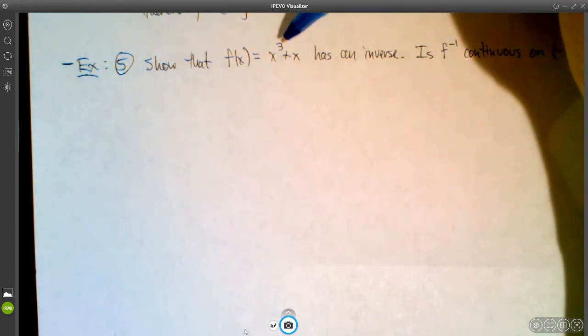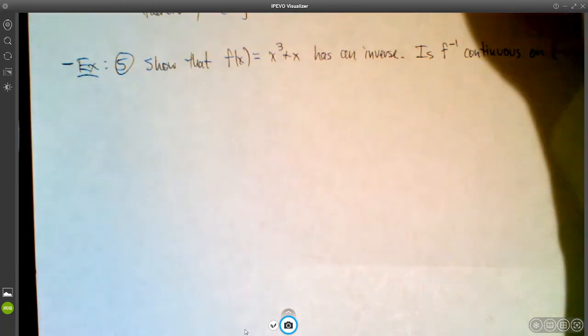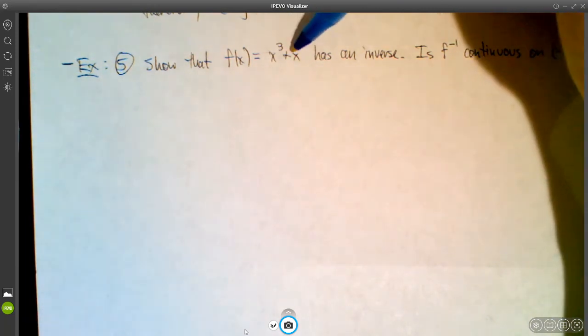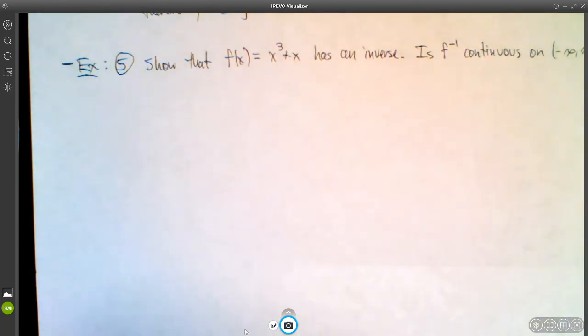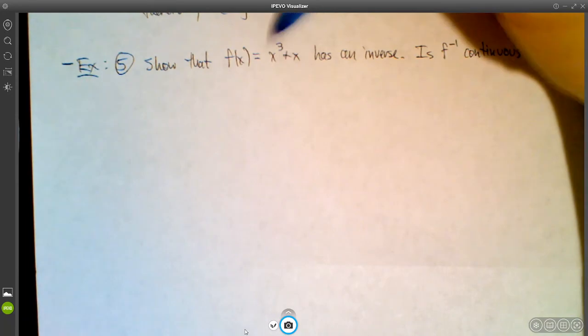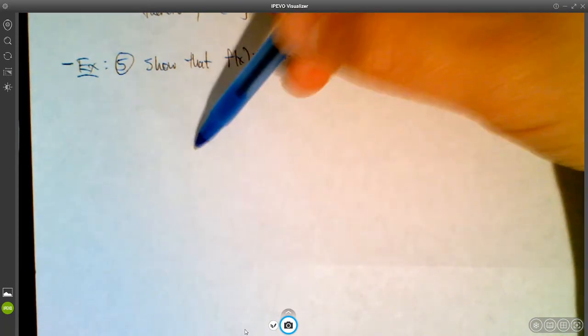So imagine if you plug in -5, you're going to get -5 cubed, which is -125, minus 5, so you're going to get -130. Now, if you plug in -2, you're going to get -8 minus 2, which is -10. So you increase from -130 to -10. If you plug in 0, you're going to get 0.